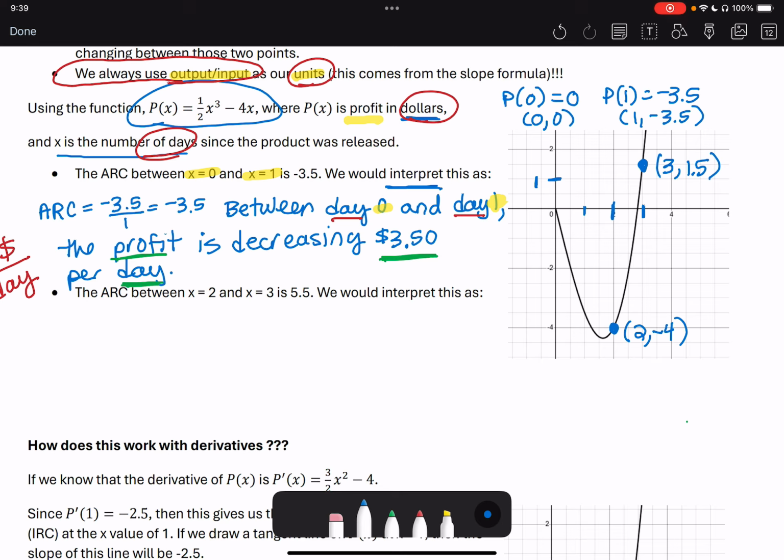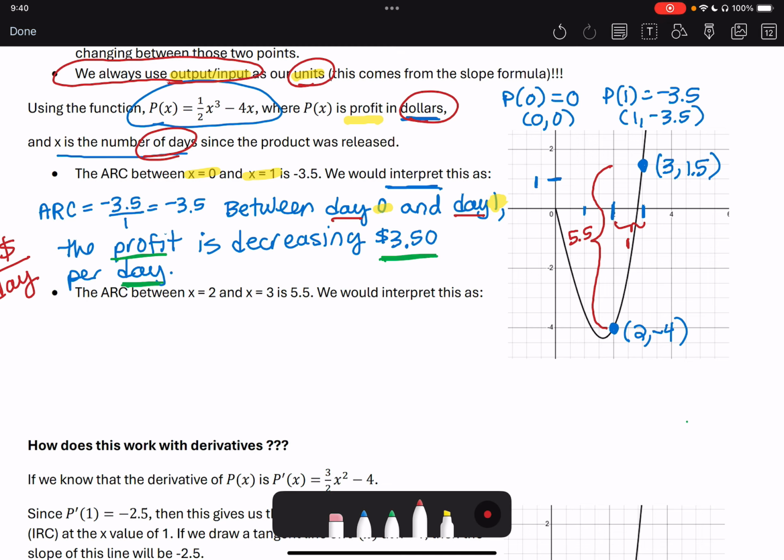Now, if I want to just look at rise over run, which is what a lot of students like to do, I'm just interested in what is the difference in height between those 2 points there, which would be 5.5. And then you would want to look at the difference in your x values, which is just 1.